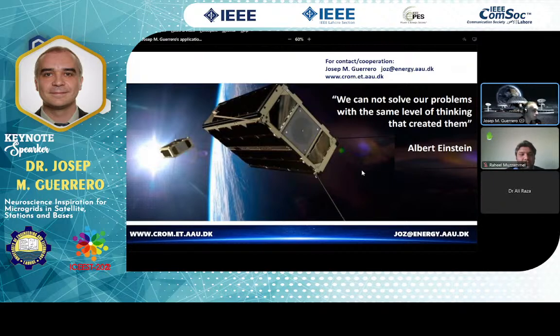Regarding how neuroscience will impact microgrids, it's going to be very much as we don't expect. Until now, we have applications using just very simple neural networks, but to understand that we have complex neural networks with different functionalities will come with another level of complexity.